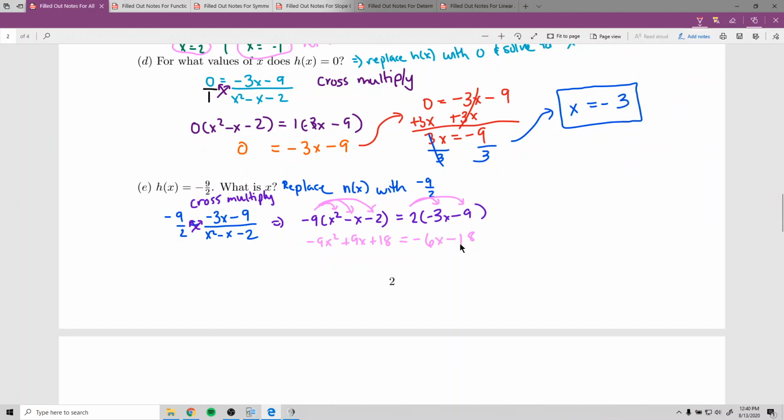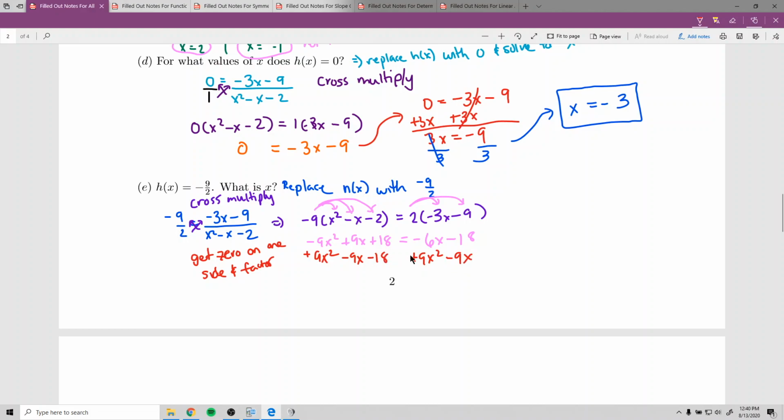And now we want to get 0 on one side and factor because we have different powers of x. All right. Now, because I like having the biggest power of x being positive, I'm going to actually add everything to the right side. So I'm going to add 9x squared. I'm going to subtract 9x.